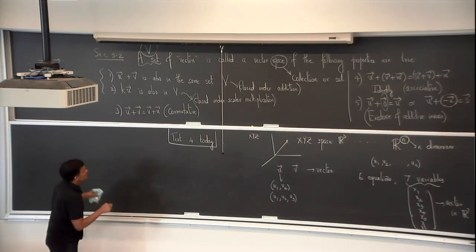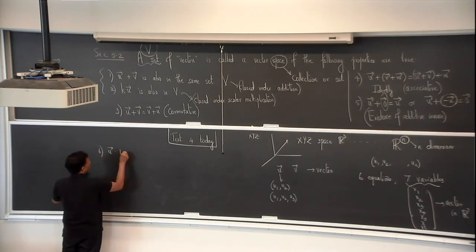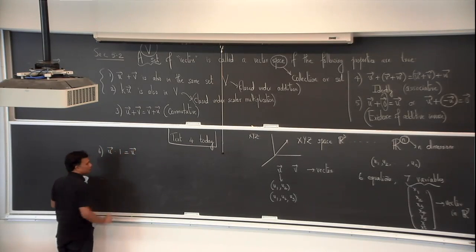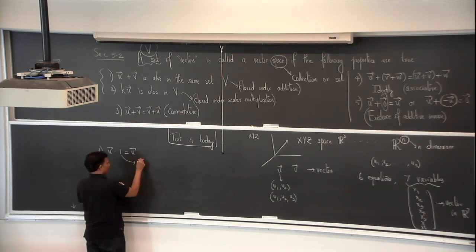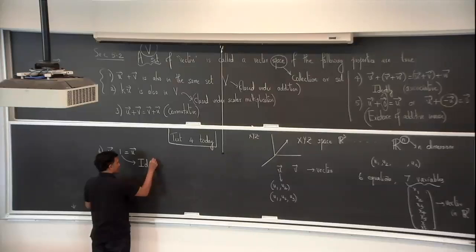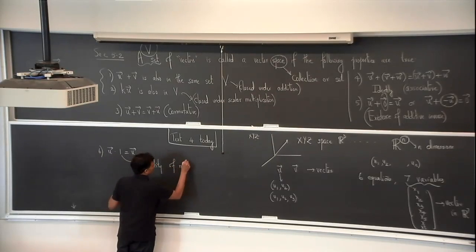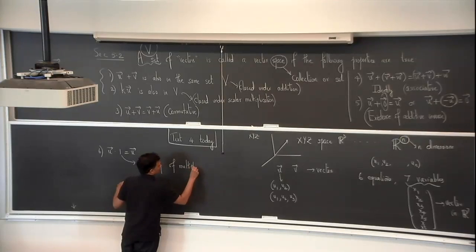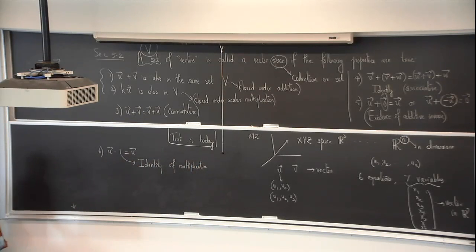So property 6, u times 1 equal to u. It's called the existence of the identity element of multiplication. All of you look surprised that that is true. Okay.